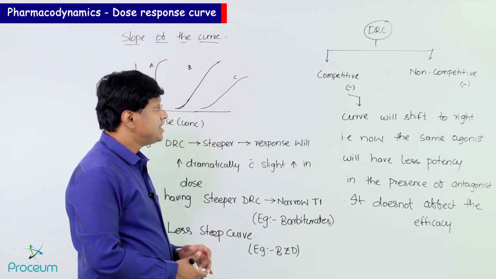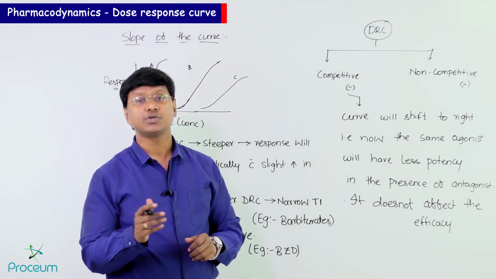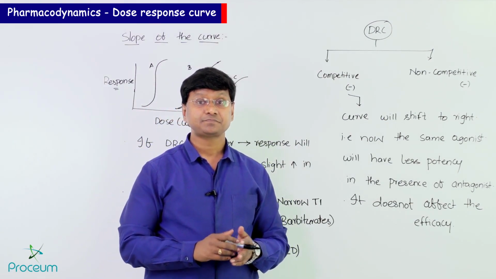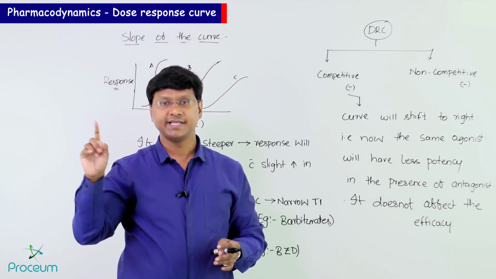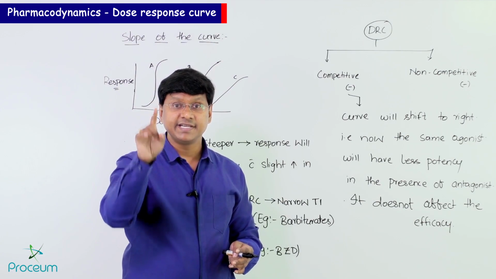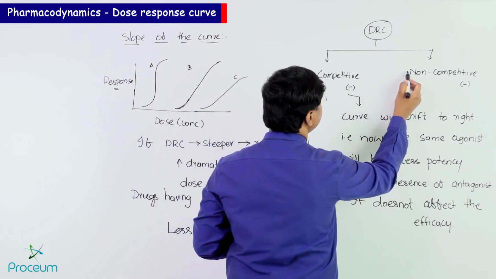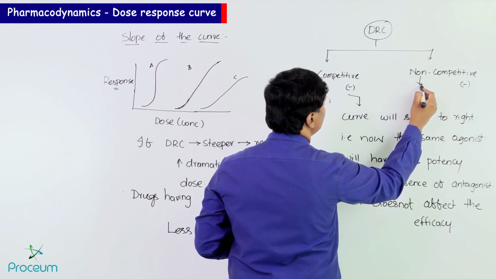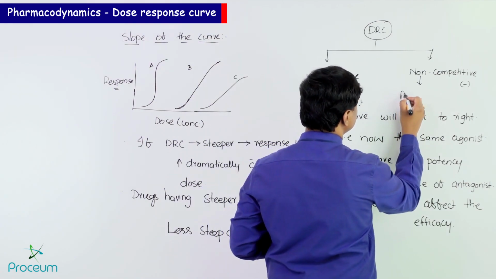Alright, now take the case of non-competitive inhibitor. In case of non-competitive inhibitor, there will be flattening of the dose response curve. That is, the efficacy decreases here.